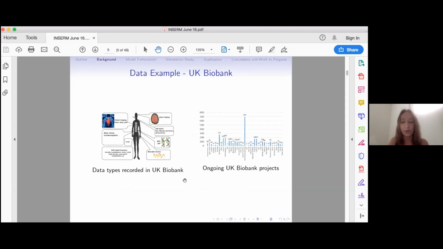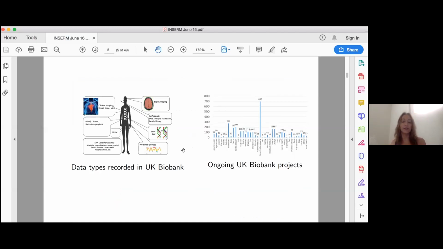This probably looks small to you, but this is the UK Biobank data. Here's an example of all the rich information you get from that EHR database. It's enormous. We have it stored on our server. There's clinical imaging data, there's blood, urine, clinical, socio-demographic data, there's brain imaging data, there's self-reports about lifestyle risk factors, diets, family history of diseases.